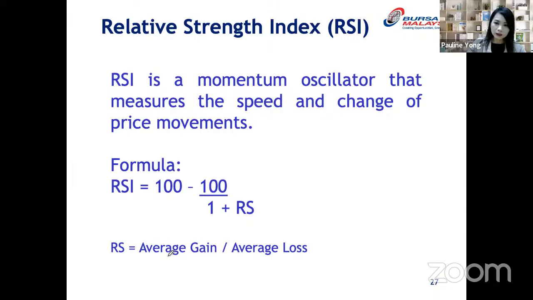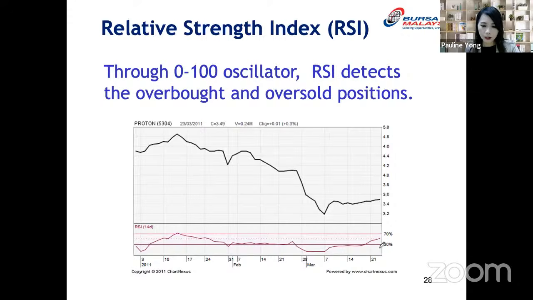Gainers means how many stocks are having a positive day, and losers means how many stocks are having a negative day. So this is the RSI, whereby you have the scale here, 30 and 70. Below 30 is oversold, buy, and above 70 is overbought, sell.